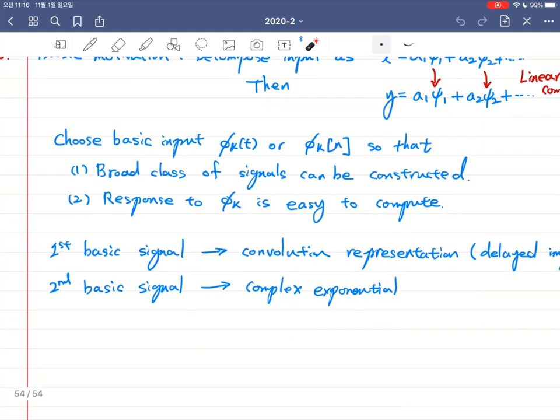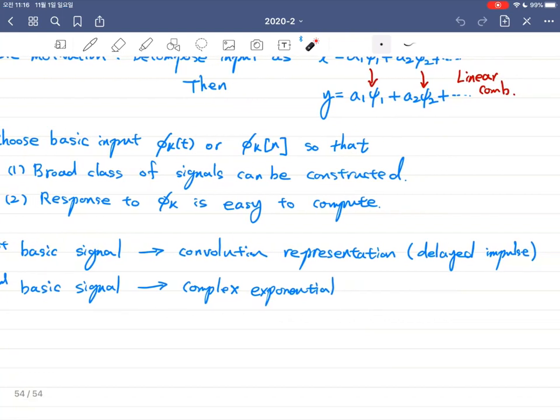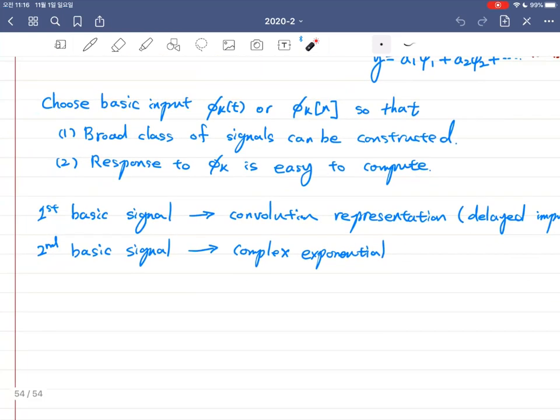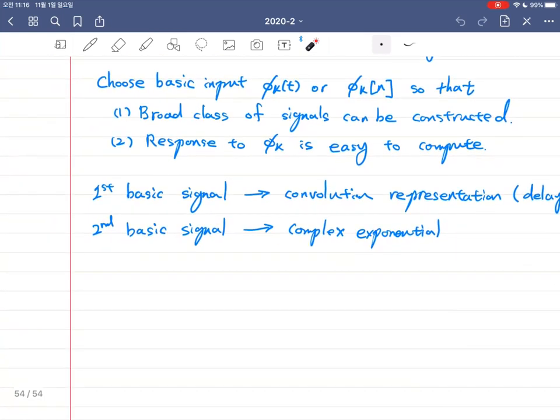So the first basic signal we have chosen was a delayed impulse, and it ended up with the concept of the convolution representation, remember? And now our second basic signal was the complex exponential, which led us to this Fourier series and Fourier transform.